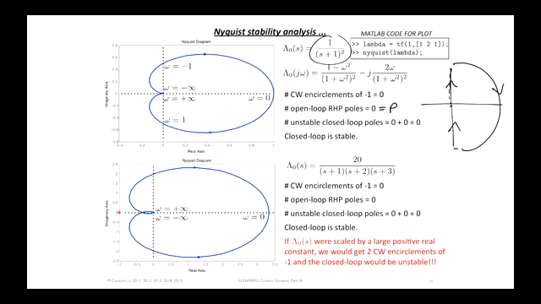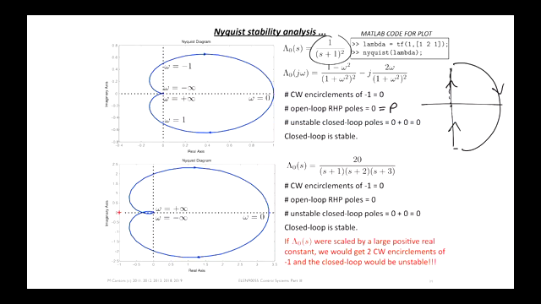So what's happening at omega equals 0? You can see that the imaginary part is 0 and the real part is 1, so we're at this point here.